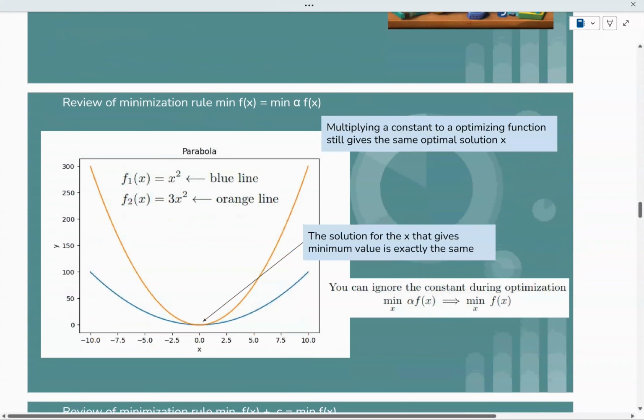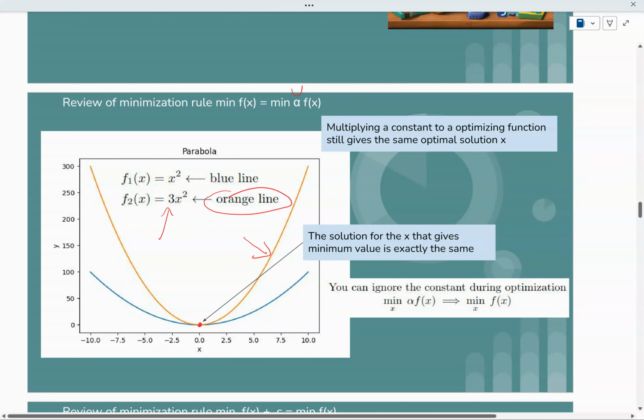One of which is that if you are trying to minimize some kind of function, that's equivalent to minimizing some function times a positive number. For example, over here we have the blue line, which is just an equation for x squared. You can see that the blue line's minimum point is when x is equal to 0, right? And notice that if we were to multiply a number by the original function, the blue line, it becomes the orange line.